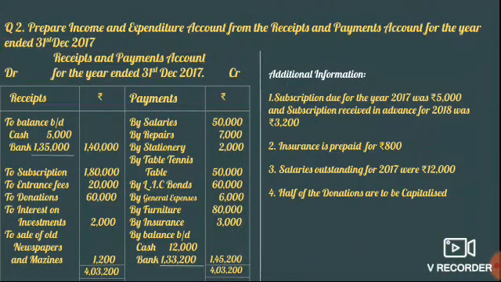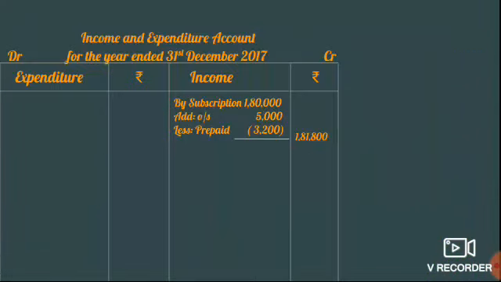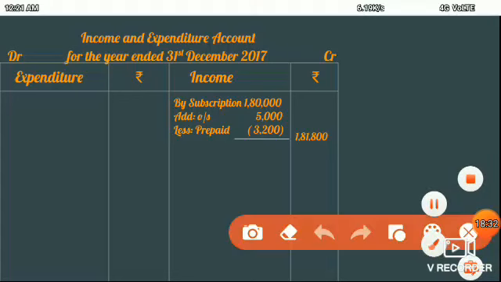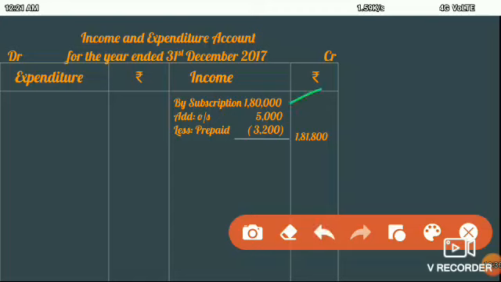So if we present that, this is how we are going to present it in our income and expenditure account. We have 1,80,000 from the receipts and payments account. Then the outstanding, which belongs to the current year but is not present in the cash of 1,80,000.